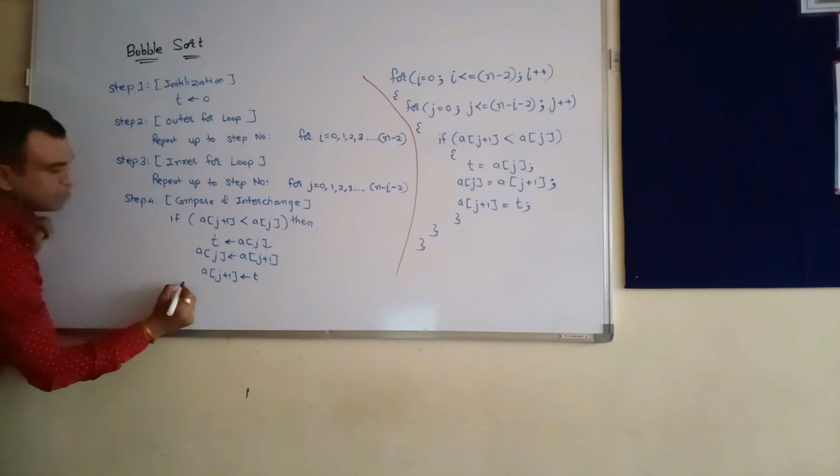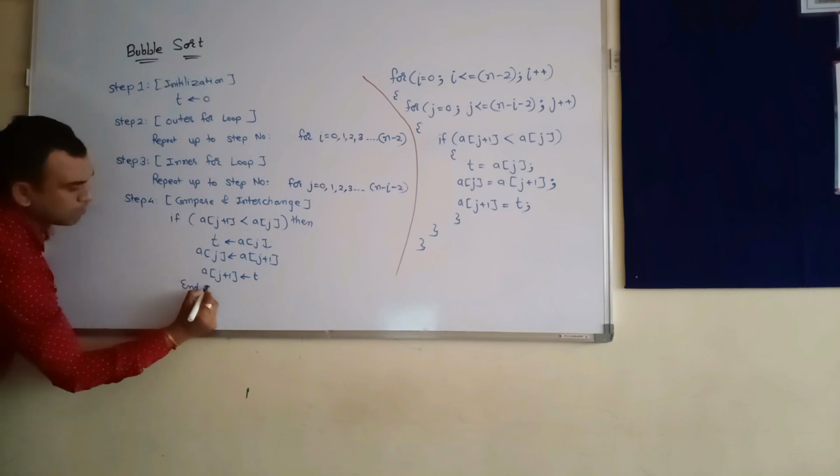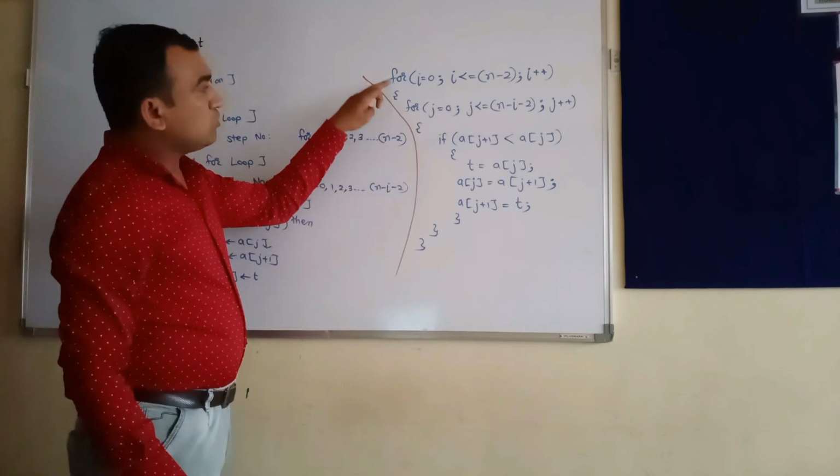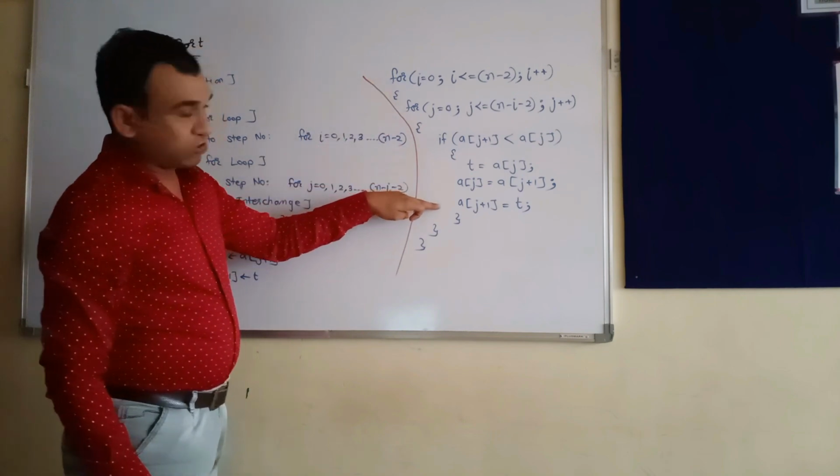This is our interchange logic. And if you look here, both for loops come up to this logic.